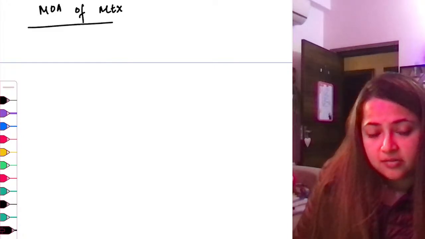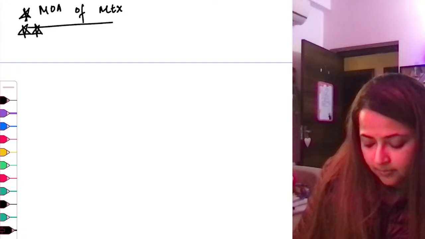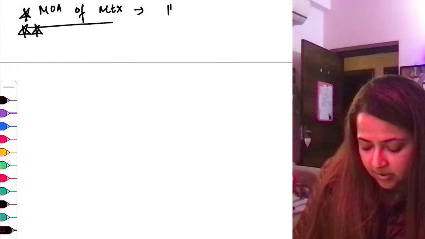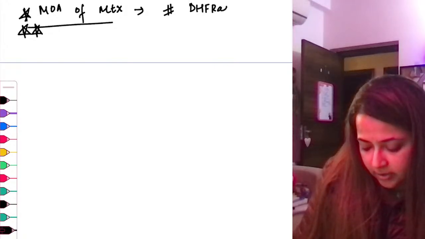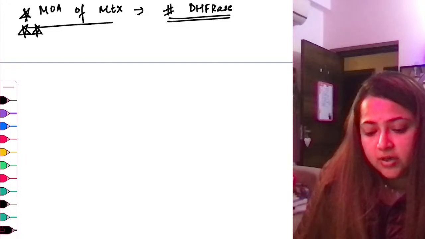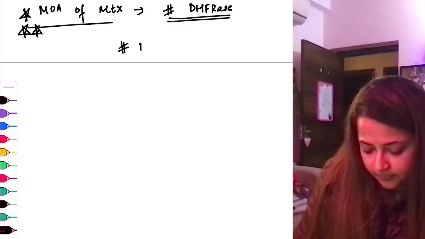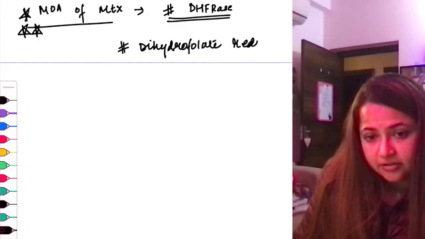This is a very, very important point from pharmacology. Methotrexate is an antifolate drug. This inhibits the enzyme known as dihydrofolate reductase. So guys, this is very high yield. Please write down. It inhibits the dihydrofolate reductase.